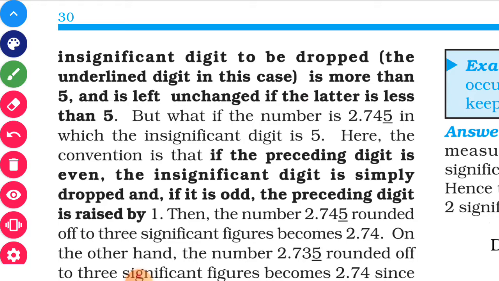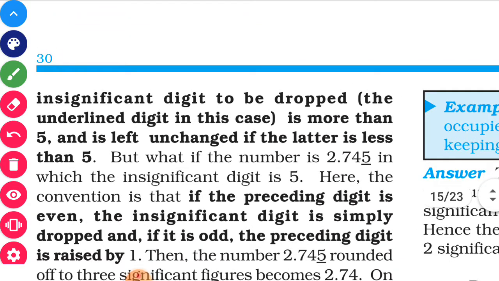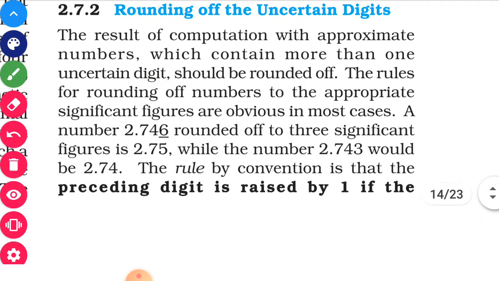So you can understand this. 2.745 is exactly 5, but say for example 2.746. Try to understand it this way: if it is rounded off, then it becomes 2.75, because this last digit, 6, is more than 5.